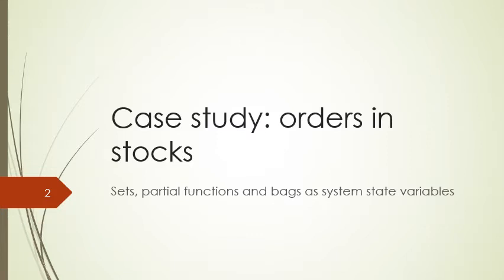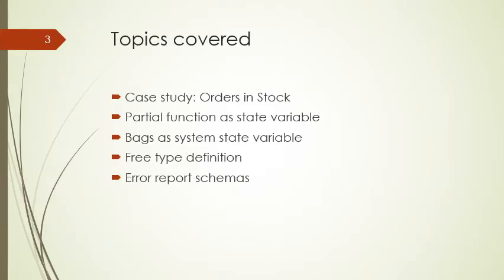and in this case study we would use different system state variables which include partial functions as state variables, bags, and sets as system state variables. Therefore, in this lecture we will discuss a case study, orders in stock, and this system will be designed or specified using different types of state variables including partial functions, bags, and sets as system state variables.